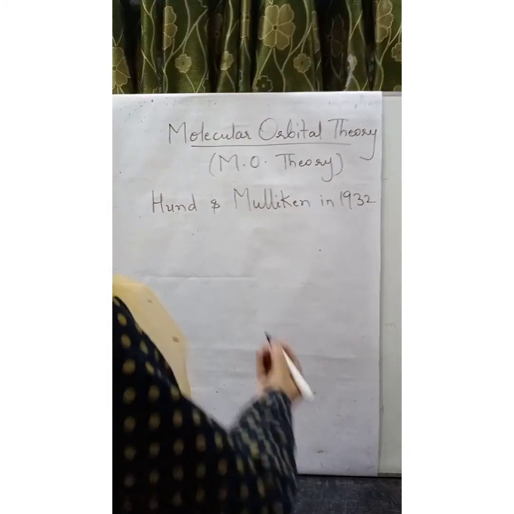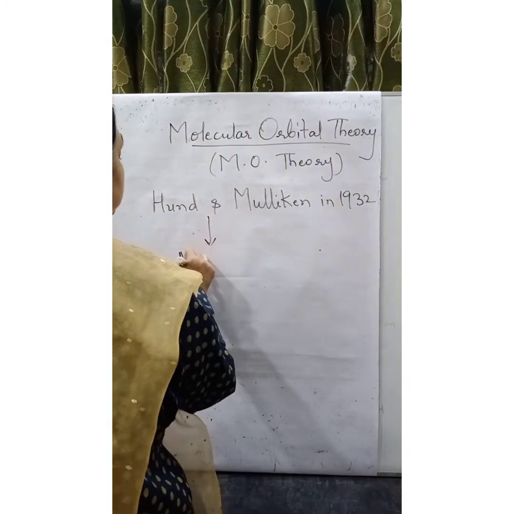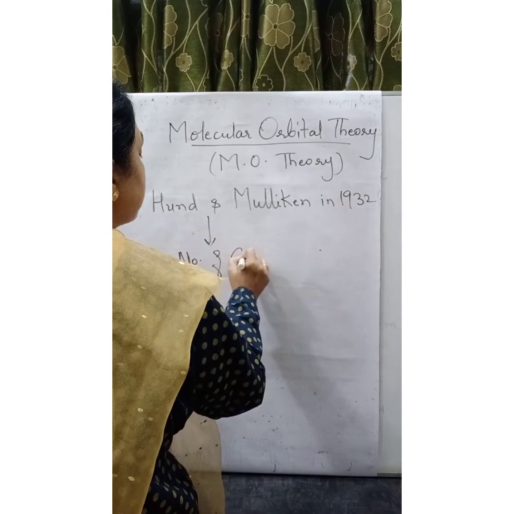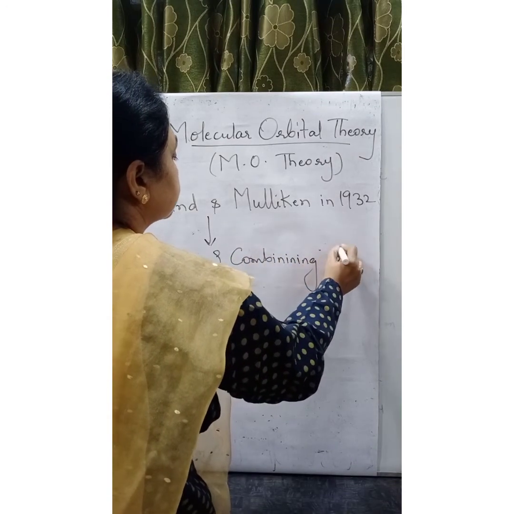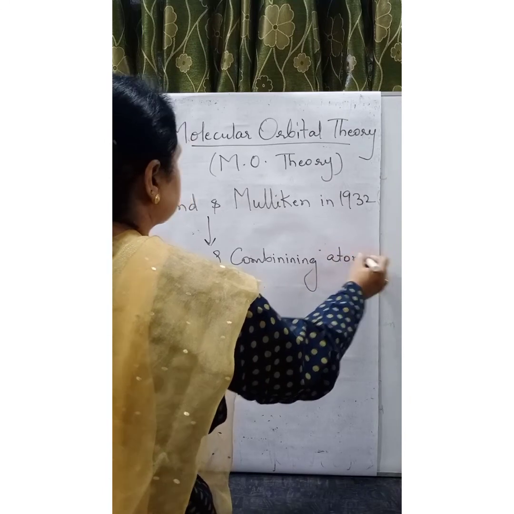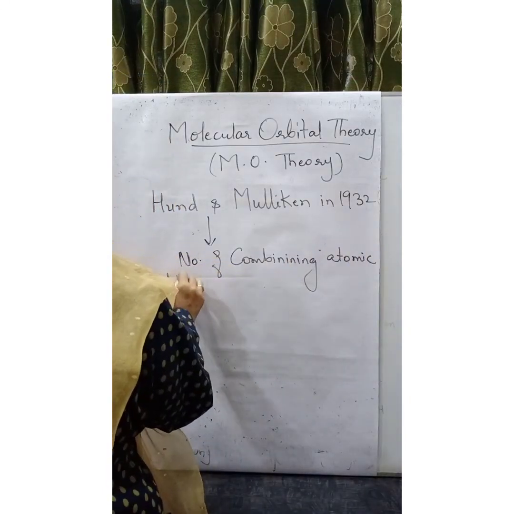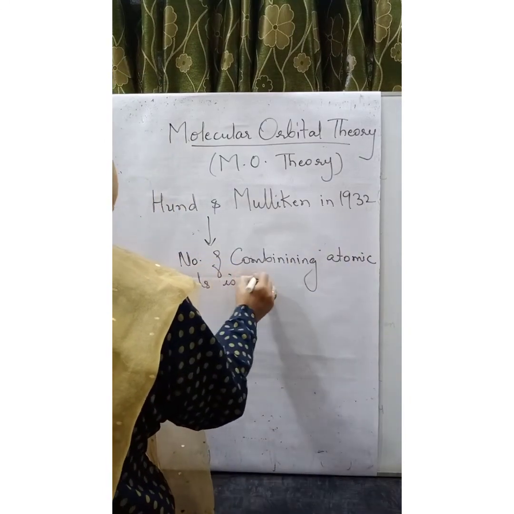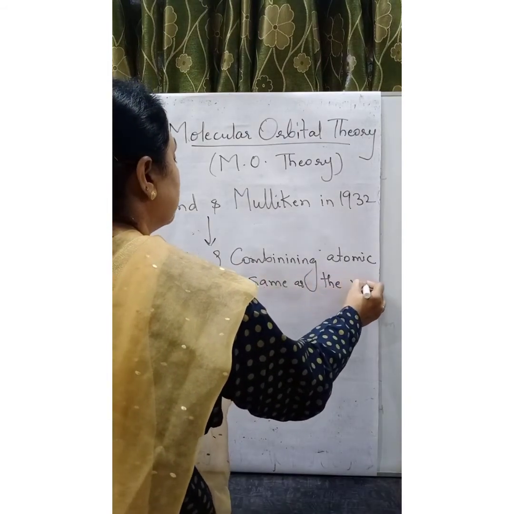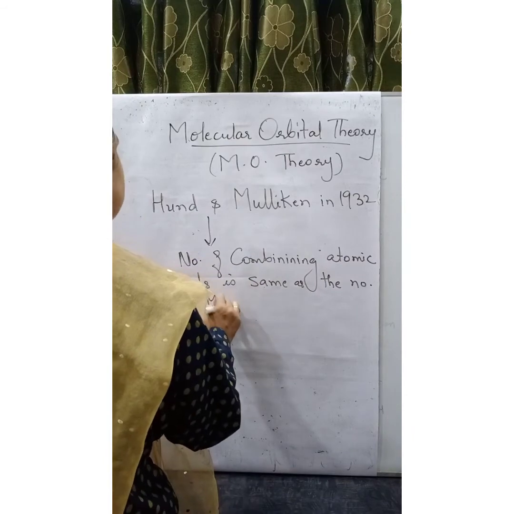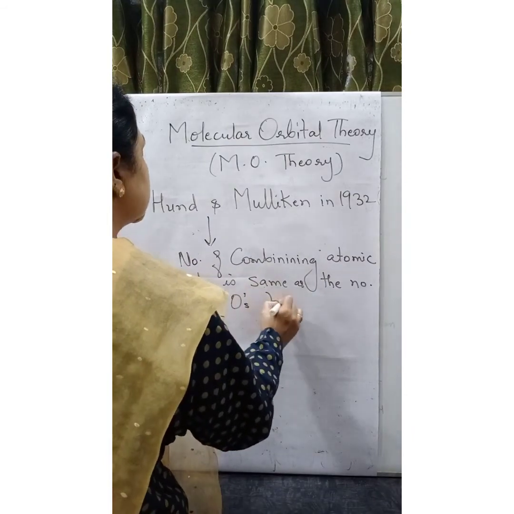So basically, the number of combining atomic orbitals is the same as the number of molecular orbitals formed.